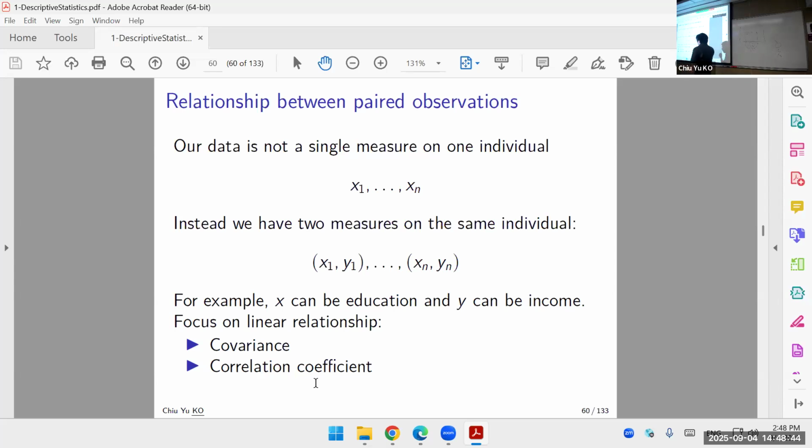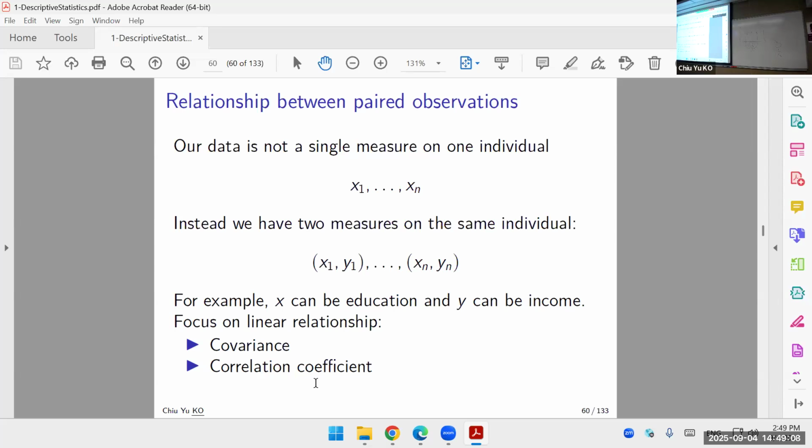Now here comes something that you probably also learned as well. It's called correlation or covariance. It's not just one single measure: you observe two things from the same individual, so you want to see how they're related.